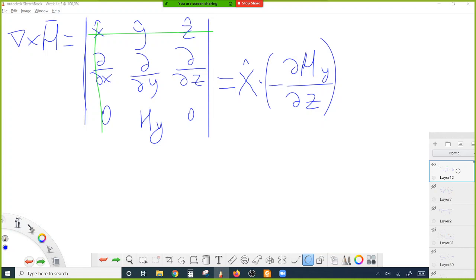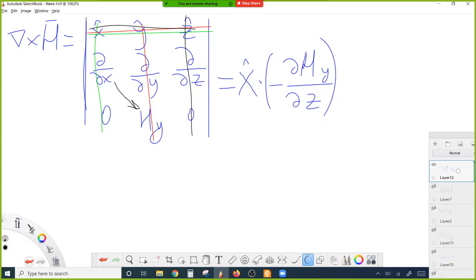Okay. Now we take the column and row which contains component y, d/dx multiplied by 0, d/dz multiplied by 0. Both are 0, so we don't care about this component, and we take the column and row containing z.